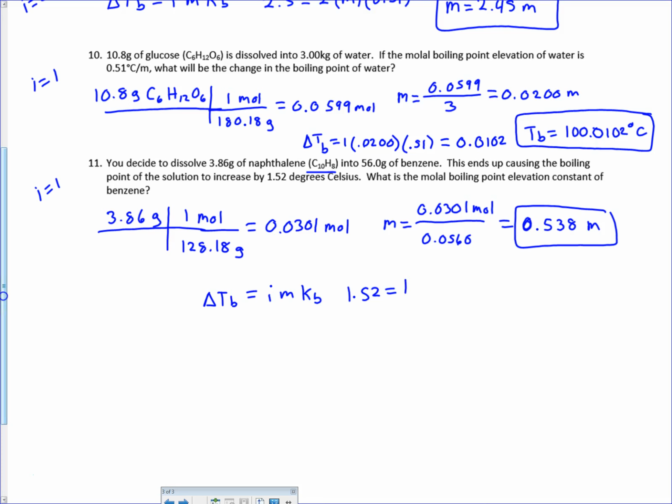So 1 times our molality, 0.538, times our Kb. Do the algebra, solve for Kb, and you get Kb equals 2.83 degrees Celsius per molal.